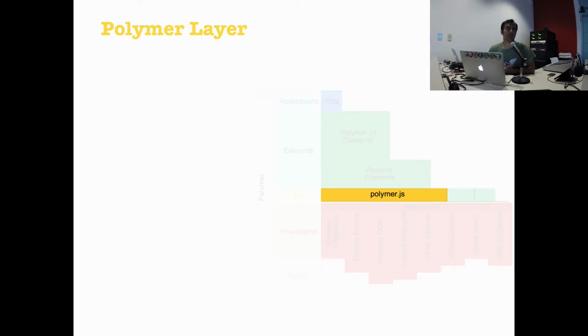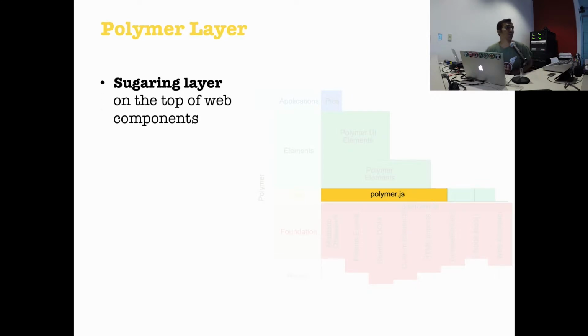So the Polymer layer is the yellow bar that you see. What this really is is a sugaring layer on top of web components. They think web components are very primitive. They allow you to do cool stuff, but they're still very primitive. It's really difficult to create your own custom element, even if all the specs are defined and implemented for you, right? So it gives you really handy tools and features to create custom elements really fast, rapidly, right? That's pretty much what it is.